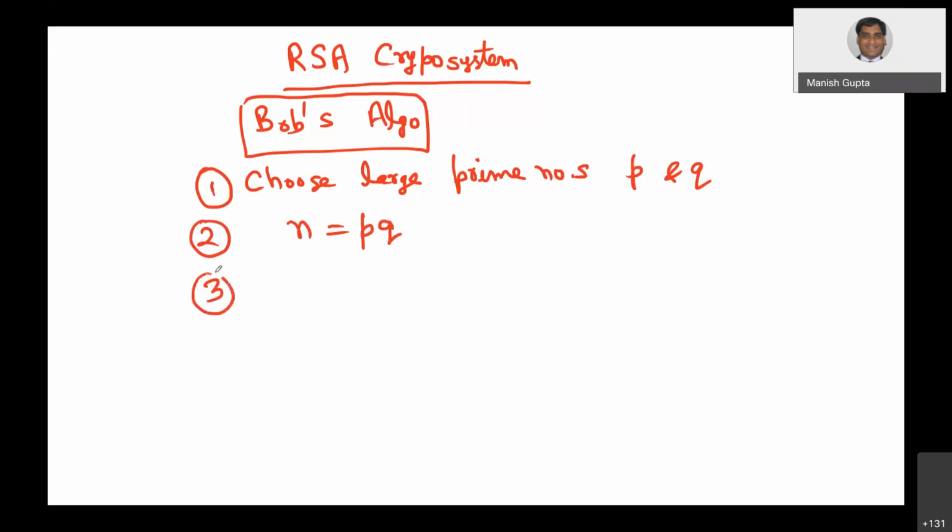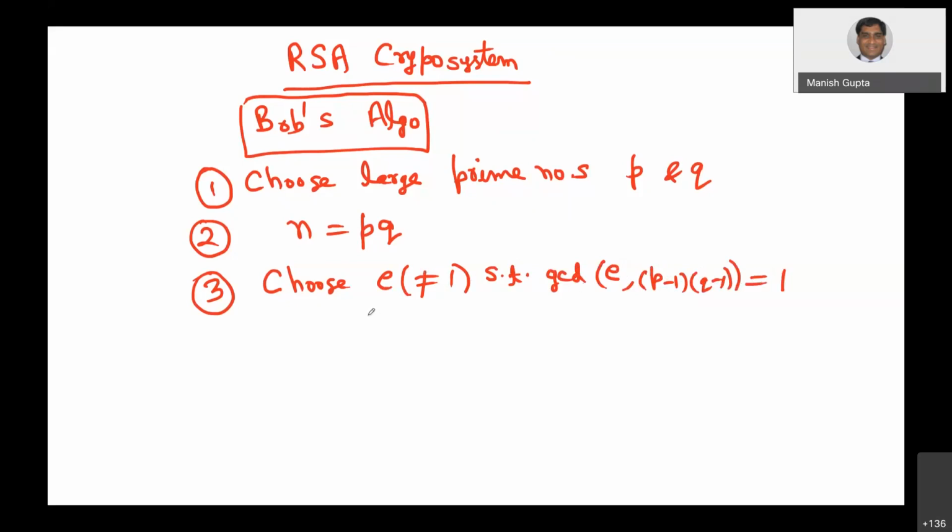Third, Bob chooses a number E, not equal to 1, such that GCD of E and (P minus 1) times (Q minus 1) is 1, and this E is known as the exponent.